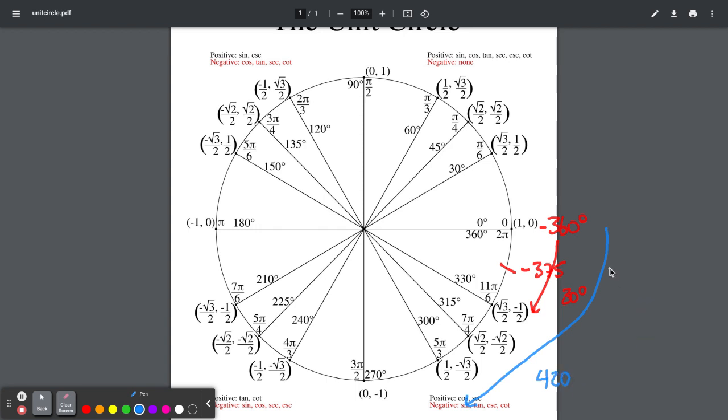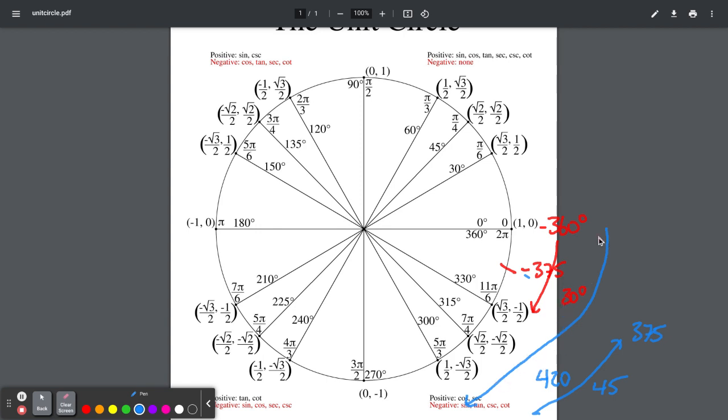Yes, 420. And if I go back 45 degrees from that, that would put me at 375. And that's what we needed. That's this location right here. So how can I get to that 375? That's this idea of which two angles can I add together.